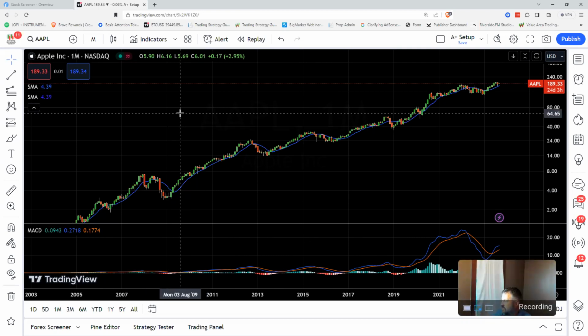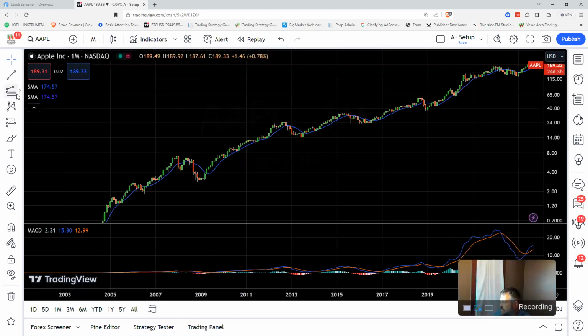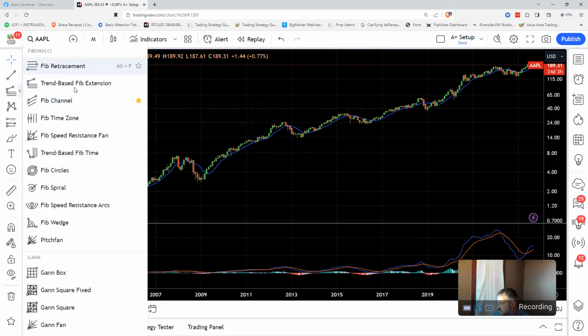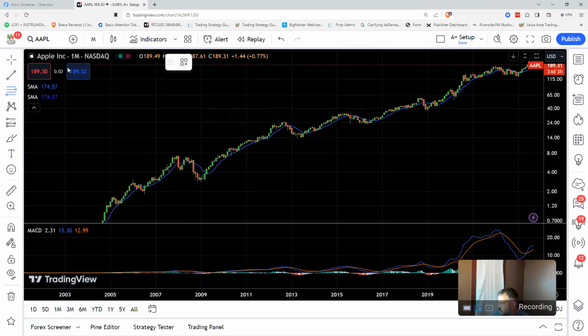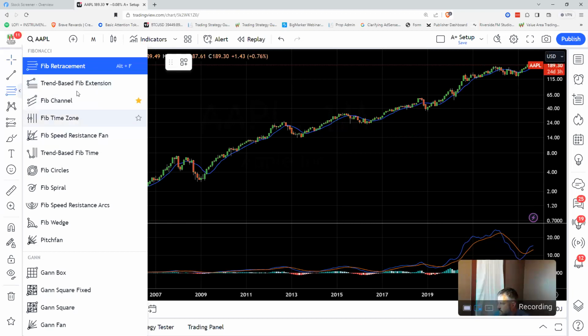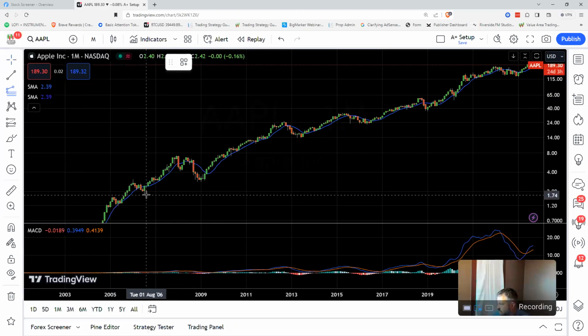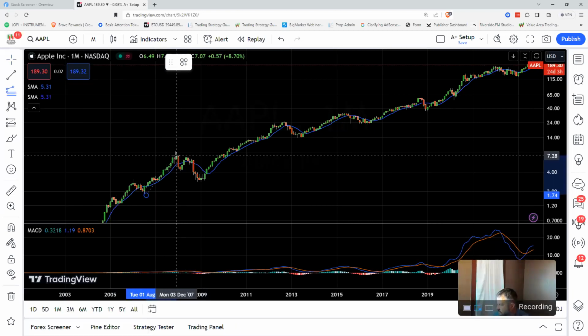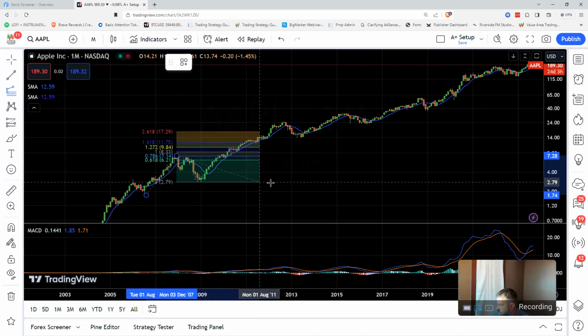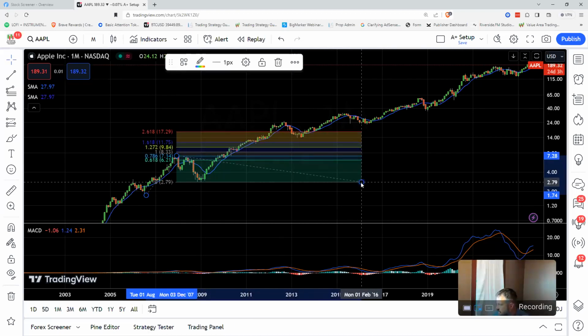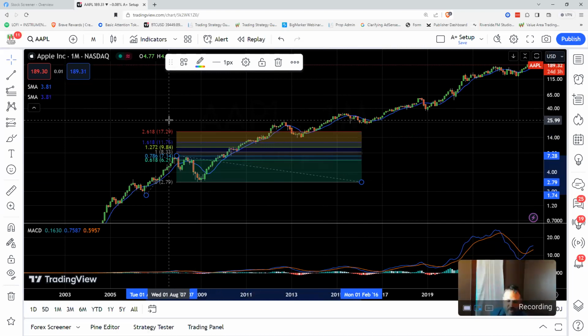But this is where extensions really come into play. So let's take a look here. And honestly, we'll run something like this. These extensions aren't even big enough, and it would be a nice trade. You'll notice that it went up. How long did it take to get there? From February of 09, it took 3 years to hit the target on a monthly chart.